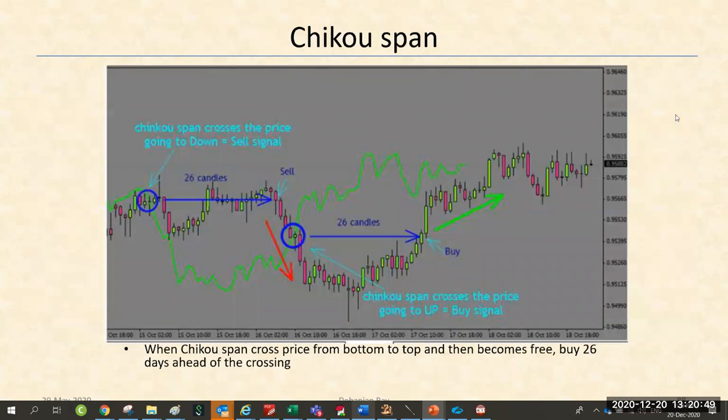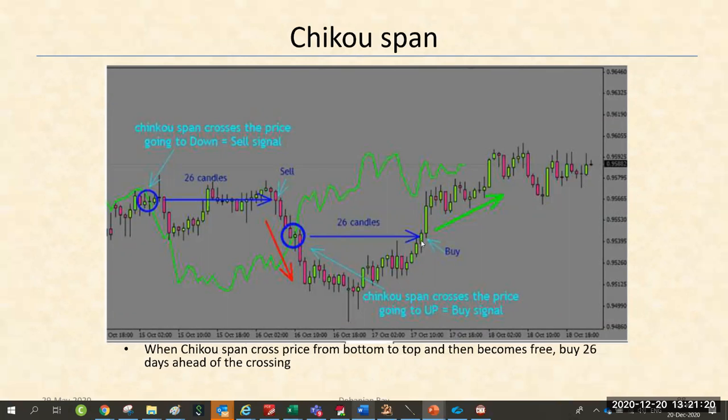Okay, now let's go to another one. Chikou span. That is the last part of the story. So what is the Chikou span? We have talked about the Kumo. Kumo is 26 candles ahead of the current price. Chikou is the reverse. It is the closing price 26 candles before. So you have to go back in the history by 26 candles.